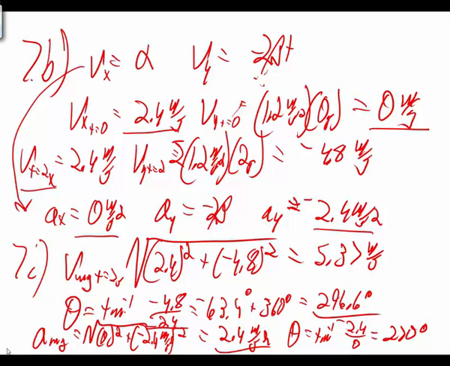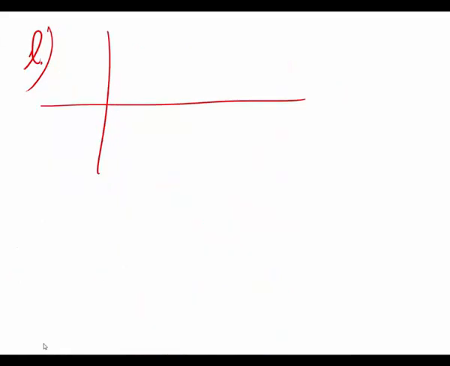2.4 and negative 4.8. So at time 2 seconds, it was 2.4. Let's just say this is 2 seconds. It was at 2.4x and 4.8y. Right there. Right? This is velocity versus time. Is that correct?